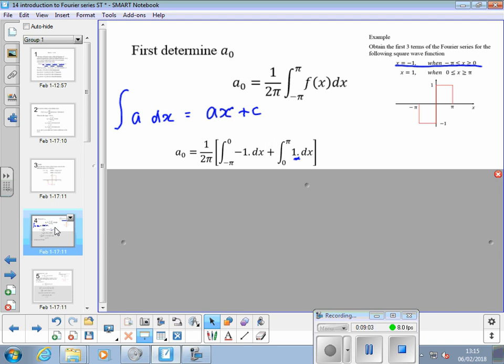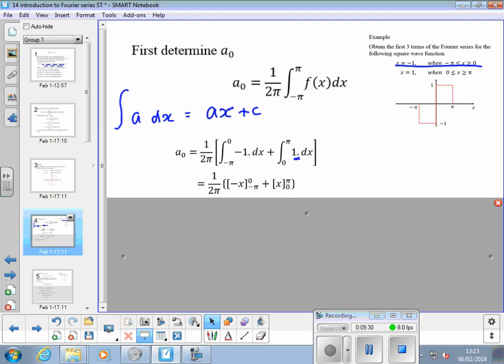So what's going to happen here? What do we think? If minus 1 is a, what's it going to be when we've integrated? Minus 1x. What about here? 1x, or just x.